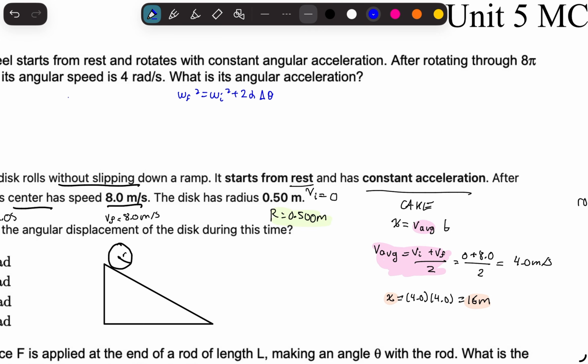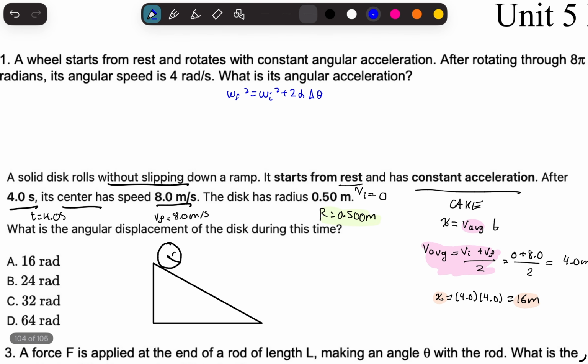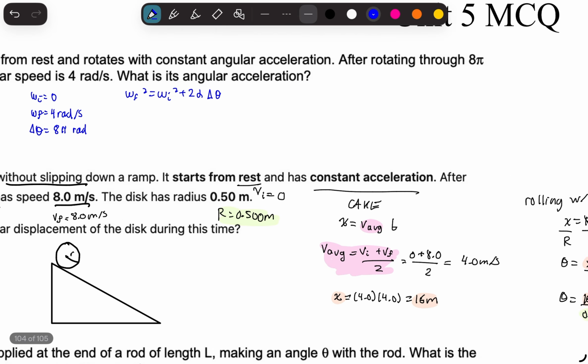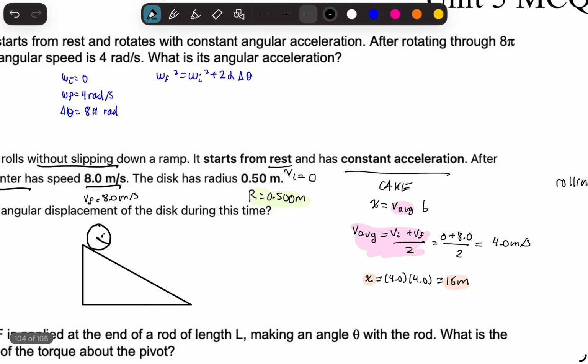So we have some things we can write down. Omega initial is equal to 0. Omega f is equal to 4 rad per second. Change in theta is 8 pi rad. So now we have 4 squared is equal to 0 plus 2 times alpha times 8 pi.